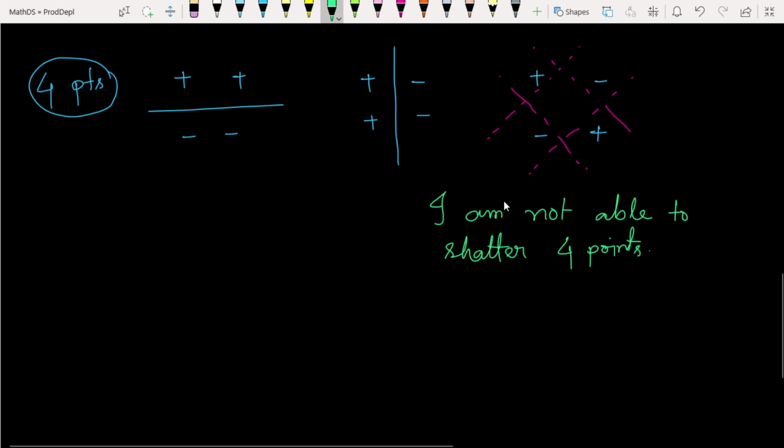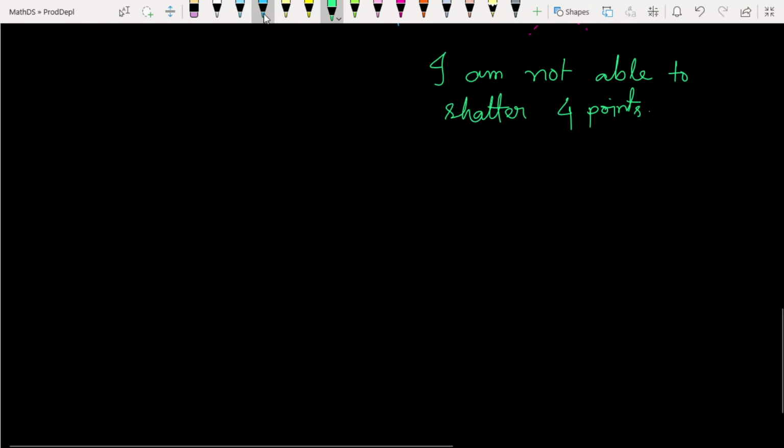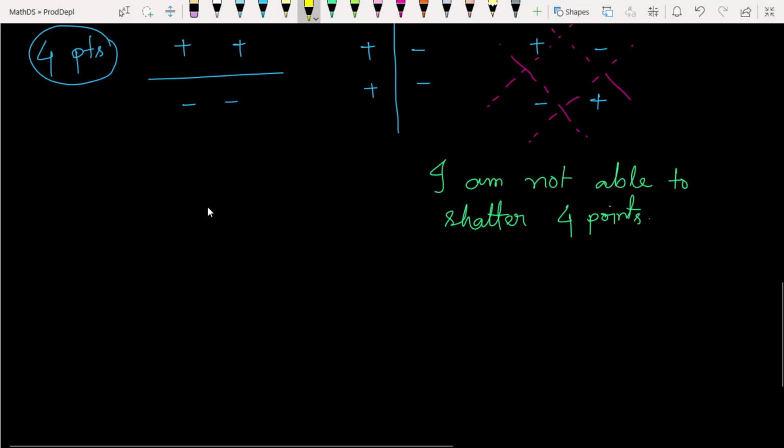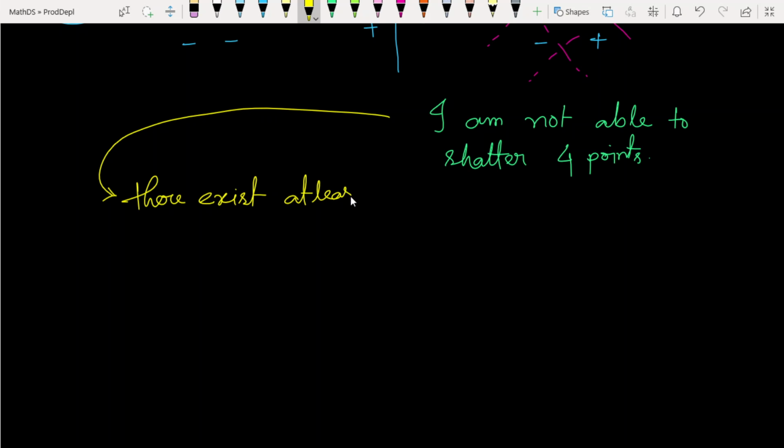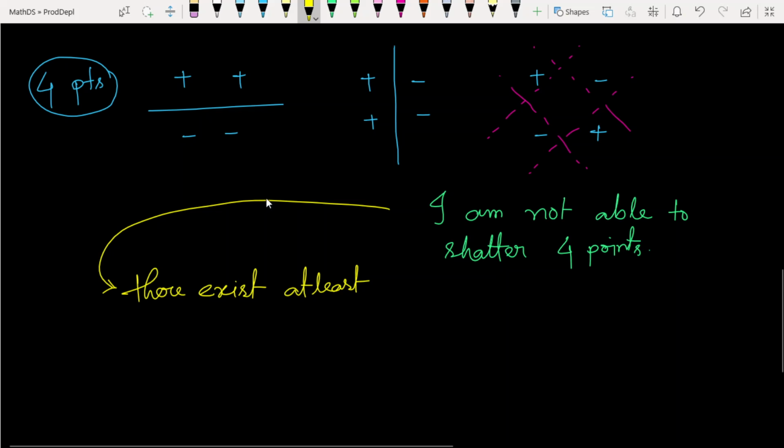Okay, so now the definition of the VC dimension comes into the picture. There exists at least one configuration of four points such that these four points cannot be shattered.